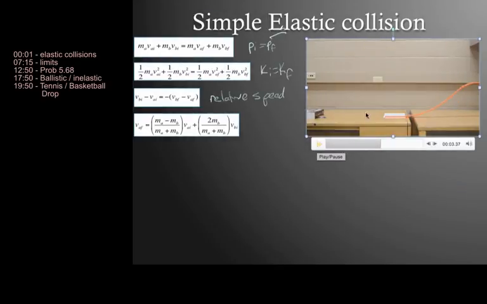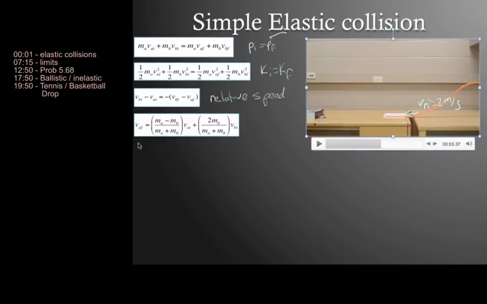Alright, so in this collision we had the red car moving down the ramp. When it gets to here, V red initial is 2 meters per second. So let's write down a few of the things that we know.